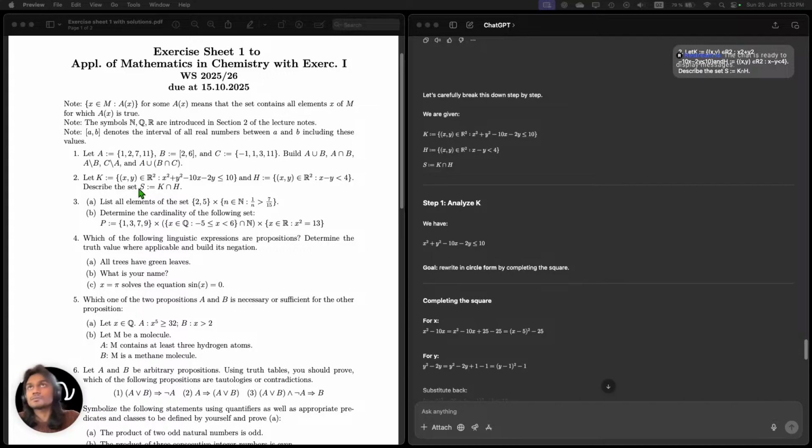(x, y) belongs to R squared, x squared plus y squared minus 10x minus 2y less than or equal to 10, and H equals (x, y) belonging to R squared, x minus y less than 4.